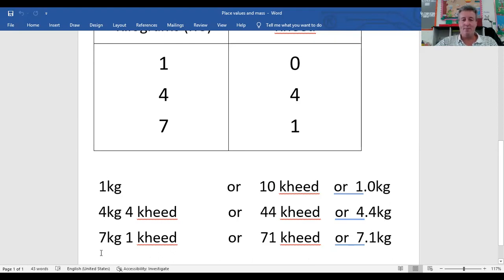Same with this one, 7 kilograms, 1 keyed, 71 keyed, or 7.1 kilograms. So that's our place values and our mass. Just a way to think of them a little bit.